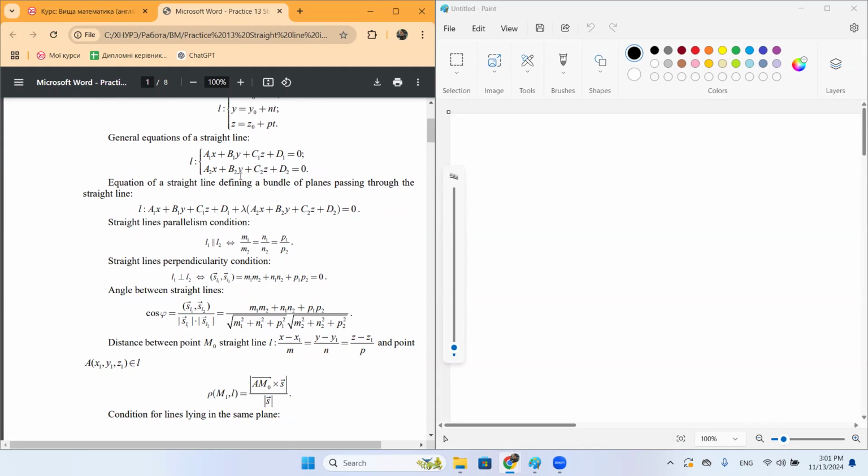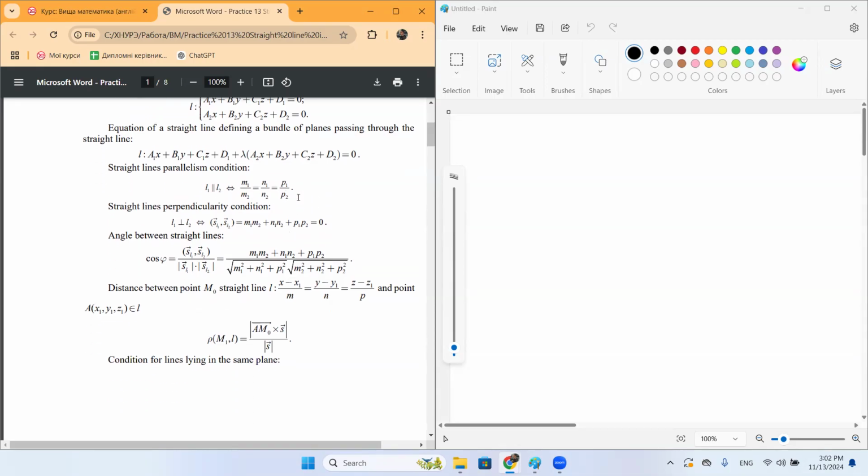So how can we get it? And here is the equation that defines the bundle of planes passing through the straight line. This parameter lambda is a real number.